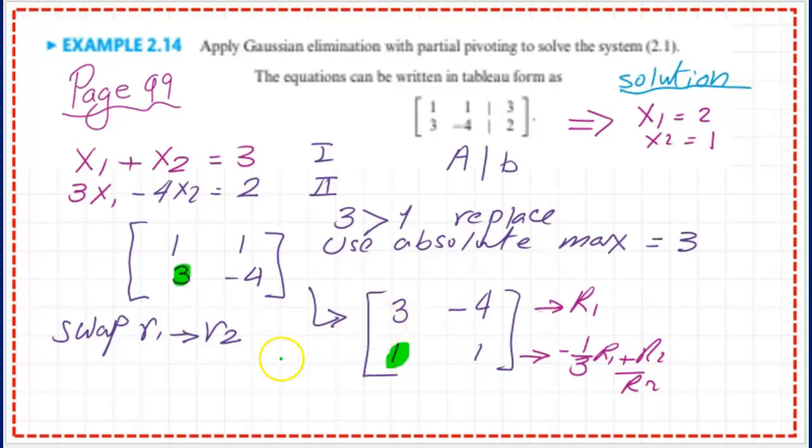R1 and R2 are swapped, so R2 will become the first row in the new equation. So we have 3, minus 4 as R1 and 1, 1 as R2. What will be the new M sub 2,1? We need this to be 0, so we multiply minus 1 over 3 by R1 and add to R2, and get the new value of R2.